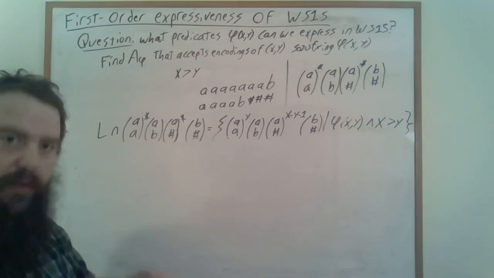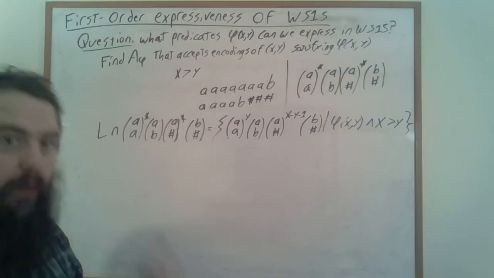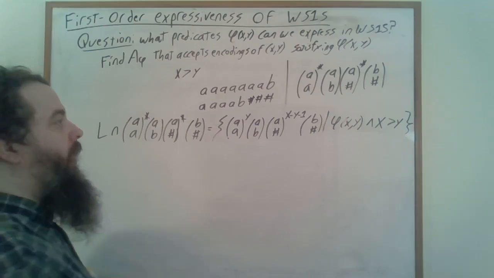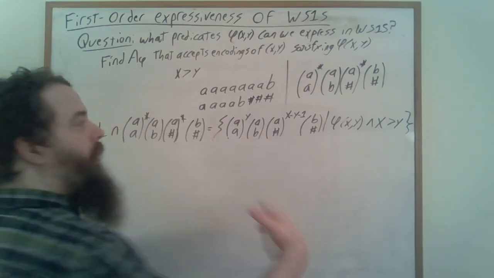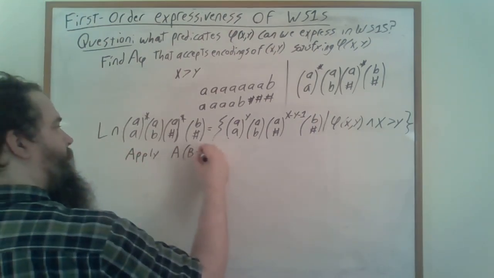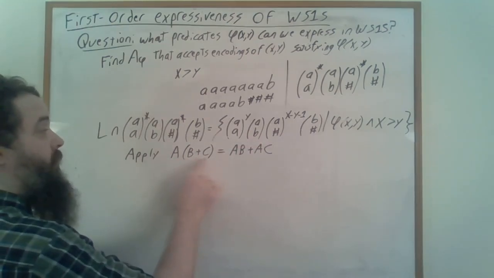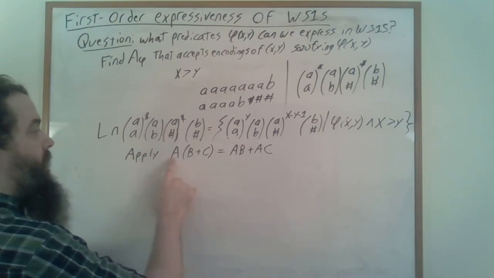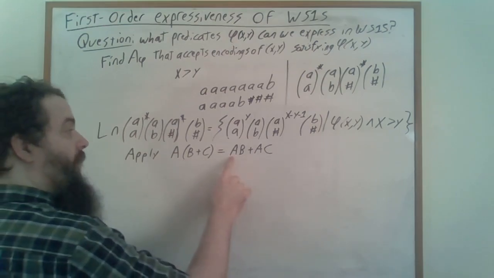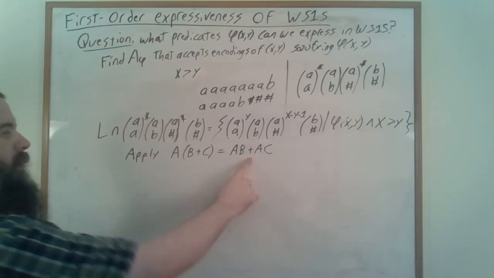You can just kind of prove by induction on the construction of the regular expression that that always opens up the possibility of the character showing up more than once. And so these characters have to show up towards the outside of the regular expression. If we then apply the fact that concatenation distributes over union, A concatenated with B union C is equal to A concatenated with B unioned with A concatenated with C. I'm using this plus for union now.